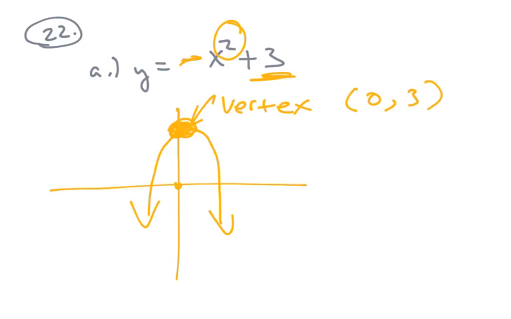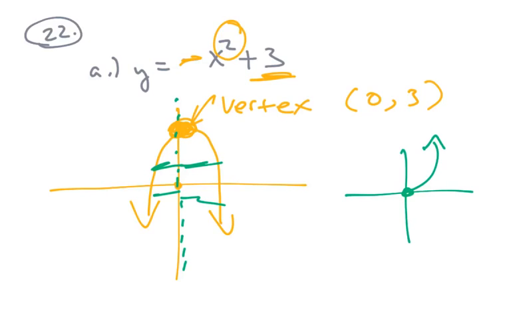So what do we notice here? Well, my artistic talent is terrible, but what that means is that when I went left and when I went right, I have to be going left and right the same way. We know the parent function of a parabola, y equals x squared, is symmetrical with the y-axis, so whatever you go left and whatever you go right, it's going to be the same amount. Well, what did I do?